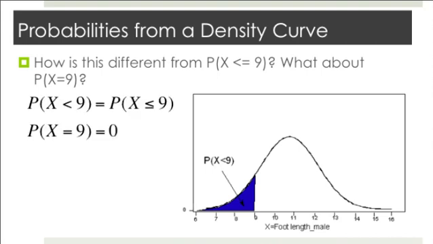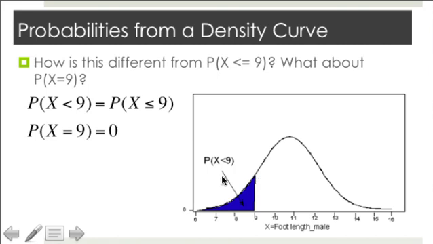In fact, these are two interesting facts that come about from density curves such as these. The probability that x is less than 9 is exactly equal to the probability that x is less than or equal to 9. So in other words, this right edge right here, this boundary that we've set for ourselves, doesn't add at all to the area.